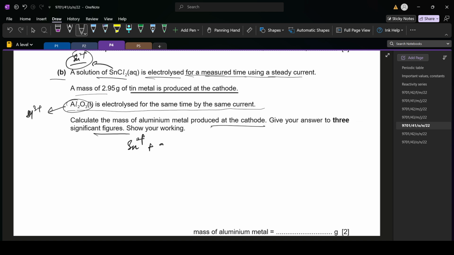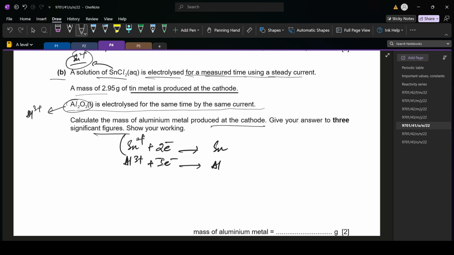Sn2+ will gain 2 electrons, so it will form tin metal. And what will be the equation for the cathode reaction of aluminum? It will gain 3 electrons, so it will form aluminum solid.